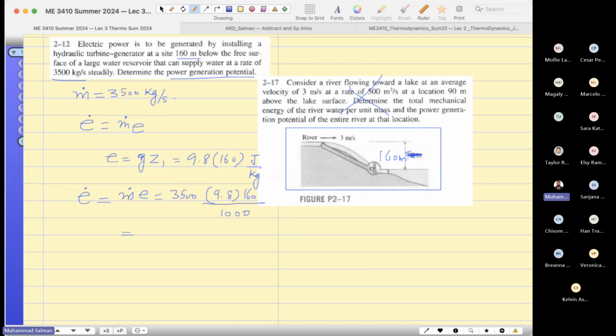Please open your calculators and help your professor. What do you guys get for this answer?